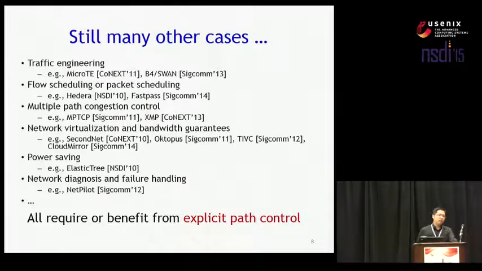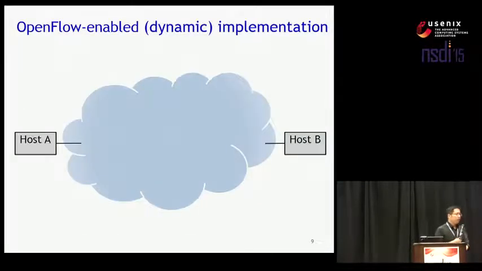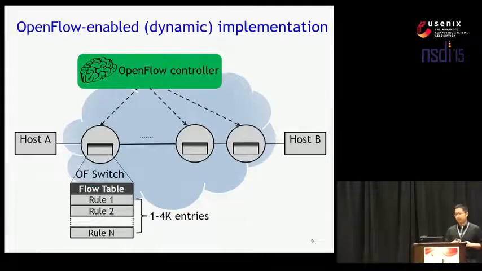Actually, if you look into this work, most of it leverages OpenFlow to dynamically control the limited generic OpenFlow entries in OpenFlow switches to dynamically set up explicit paths for end-to-end communications.